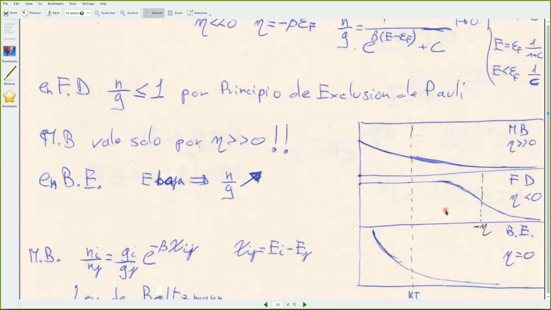Maxwell-Boltzmann is an exponential, while Fermi-Dirac has this shape. In Bose-Einstein, the occupation can be really big near 0. They have no way to pack themselves, the photons, in the same state.